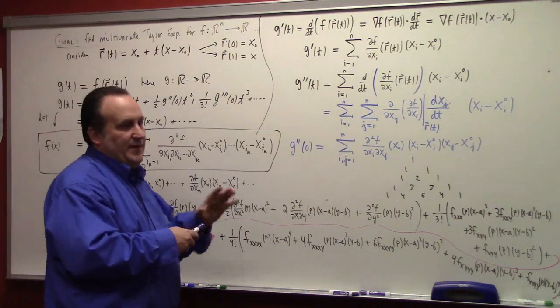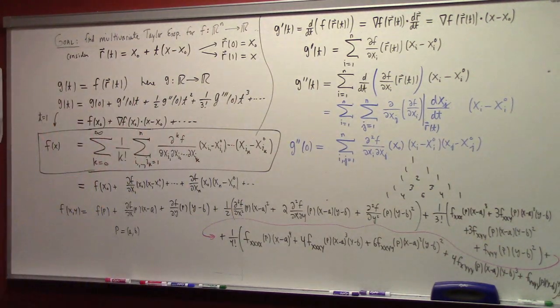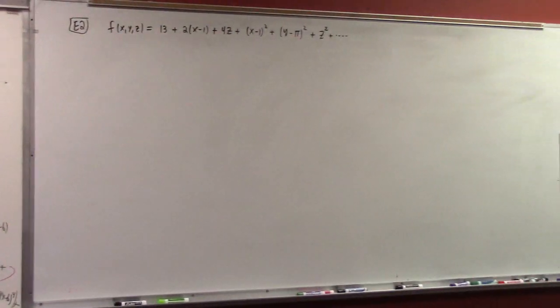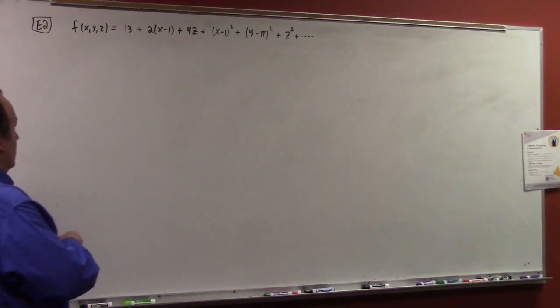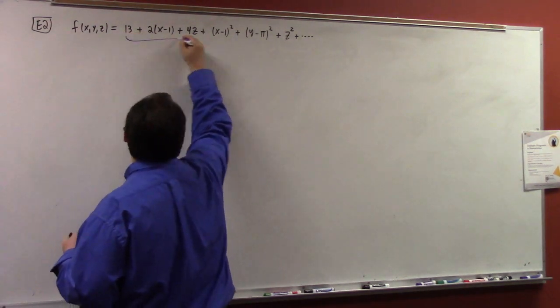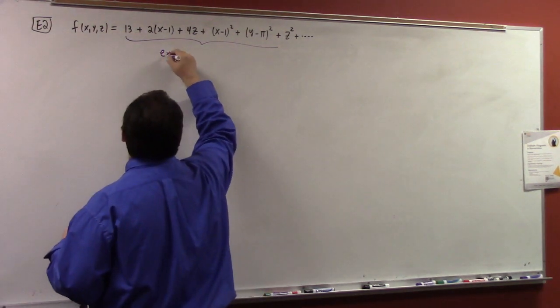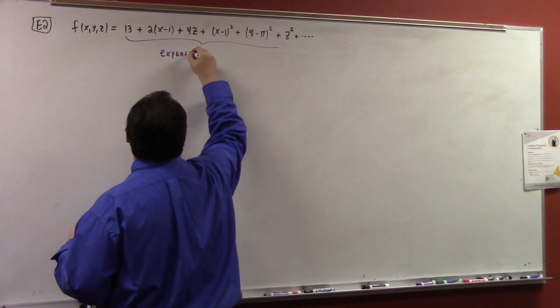But anyway, now going back to my example, we can ask interesting questions, like: is it a critical point? A critical point would be one where the gradient is 0. For this one, no. Well, first of all, what point is my expansion about? 1, pi, 0.